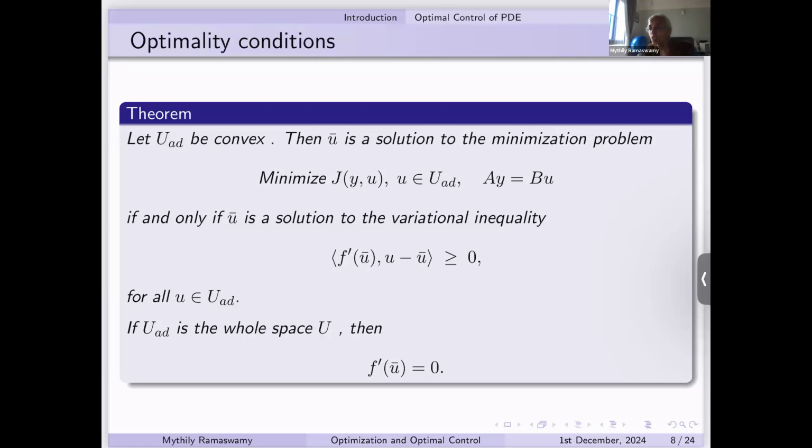Suppose you are in the whole space U, which is the easiest case to understand. Then the derivative itself will be zero, because instead of u minus u bar I can take every other vector, and so I can conclude F prime u bar itself is zero. So we'll keep this in mind. This is the thing which will keep coming even in nonlinear spaces.